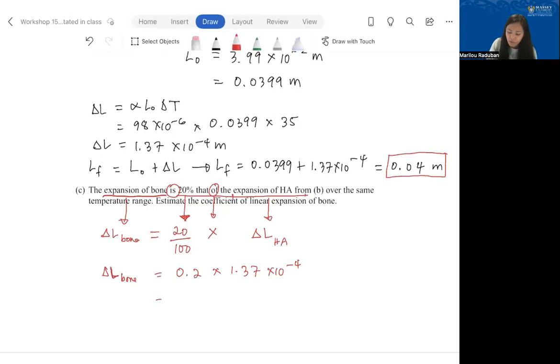Right. So we can solve for the expansion of the bone. Let's plug that into the calculator. It will be 2.74 times 10 to the minus 5 meters.